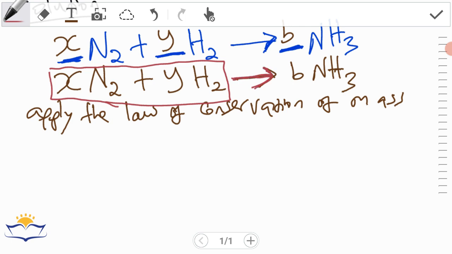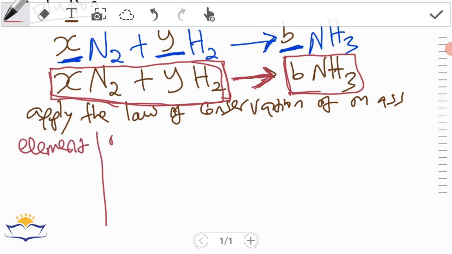Left kwa arrow is the reactant side. Product side, the right hand side, kapena kumanja kwa arrow. So the total number of atoms ku reactant side must equal the total number of atoms ku product side for each element.